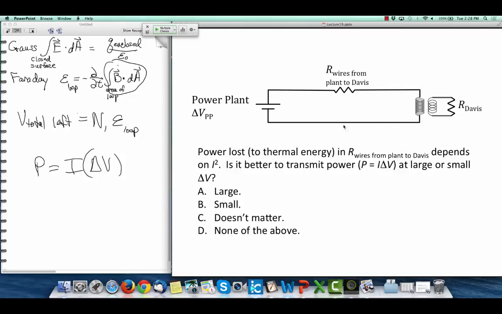These wires are miles and miles long. Davis is nowhere near the power plant. So the wires to Davis are miles and miles long. At some point, you cannot neglect the resistance of the wire.